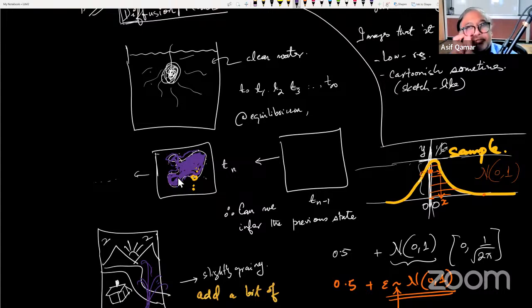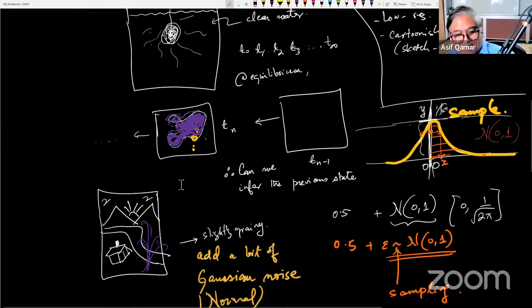So when the steps are really tiny, the uncertainty of the previous state is limited. You can tell with a reasonable accuracy that of all the infinitely many states that the shape of the ink could have been, it is actually one of these very few perturbative states. Isn't it? That's the idea.